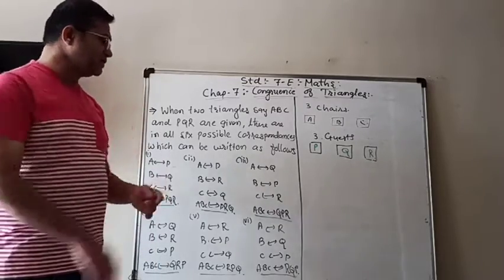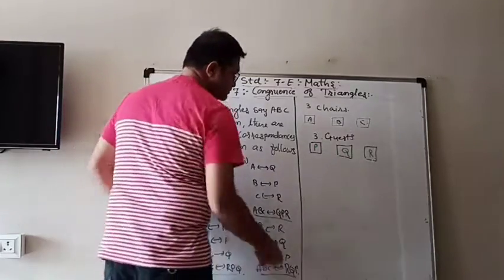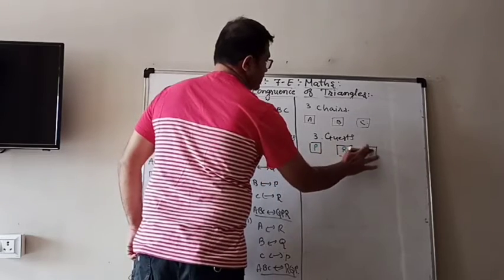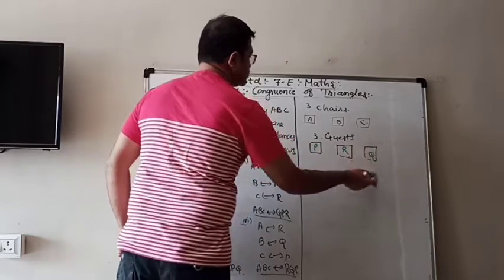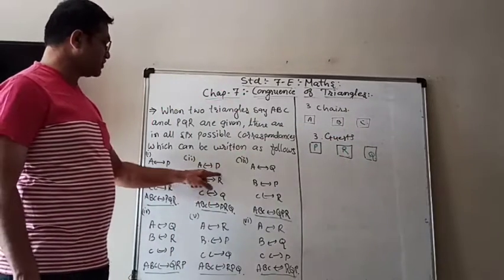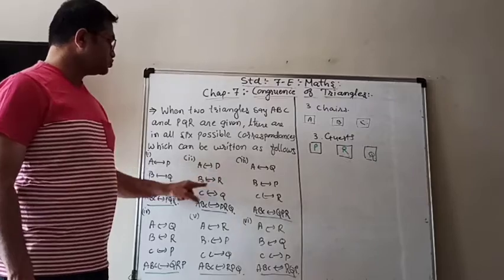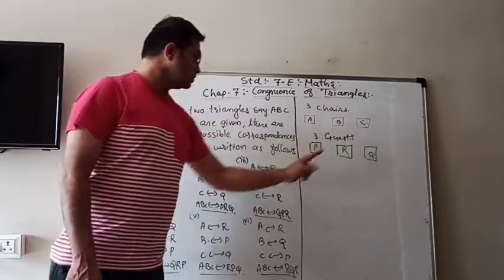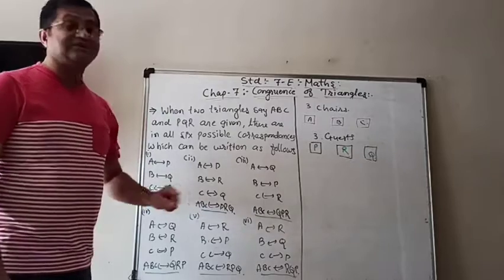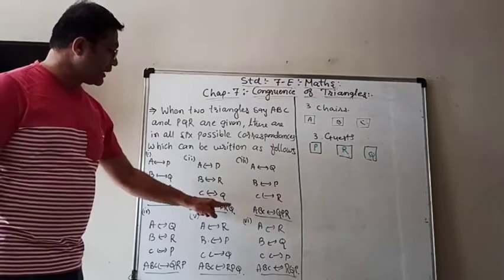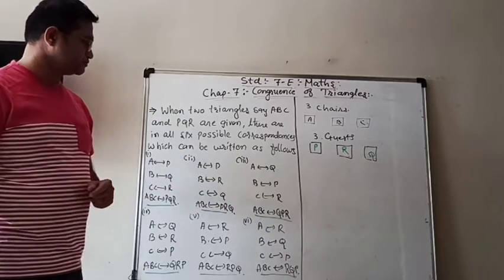Now there can be a different way also. They want to change the seats. R comes here, Q goes there. Then the second correspondence: A to P, B to R, and C to Q. So ABC corresponds to PRQ.